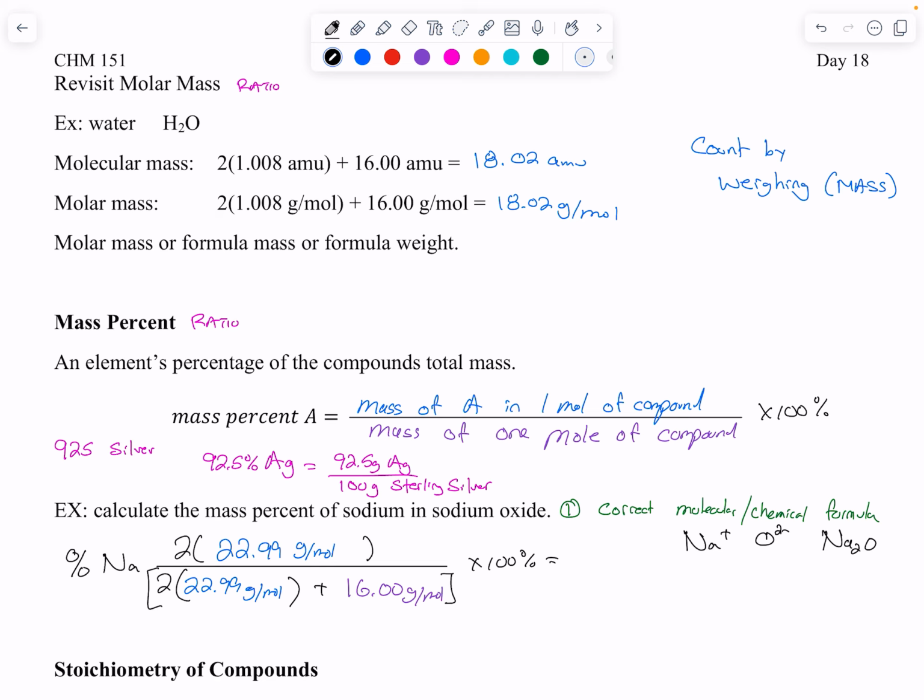Either way, you do it. Take a second, pause, do it in your calculator real quick, see what you get. Hopefully you got 74.19%. Hopefully that's what you got. If you didn't, try it again. All right, and then we'll move on.